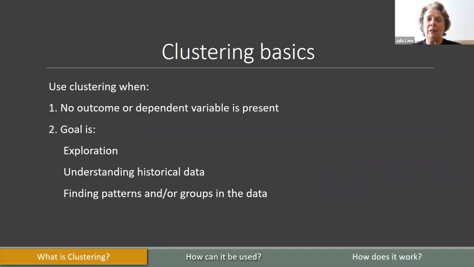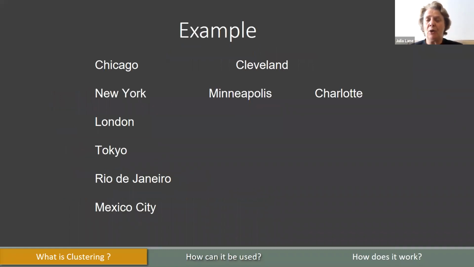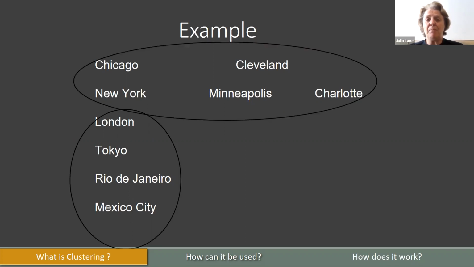So as I said, clustering is when there's no prior knowledge about the groupings of the entities that you're looking at. What you're trying to do is explore it, understand historical patterns, and find groups in the data, and you can think of lots of different examples. Here's one example. Look at this list of cities. If I wanted to group them by something like geography, I might group the top cities as American cities and the other cities as the rest of the world.